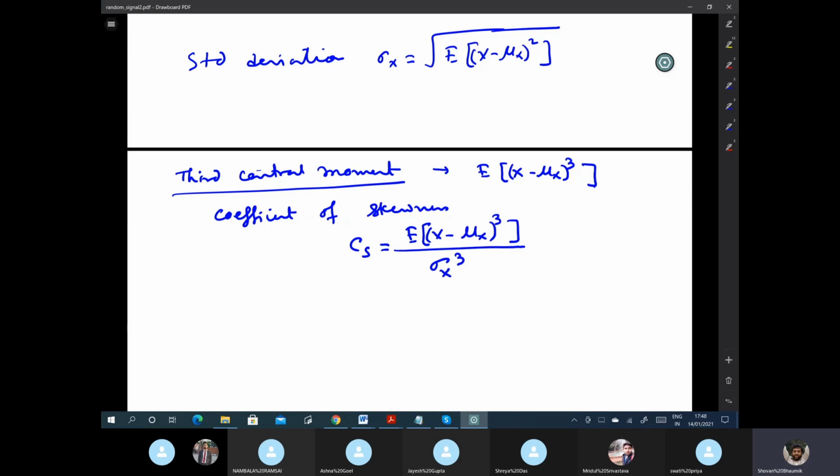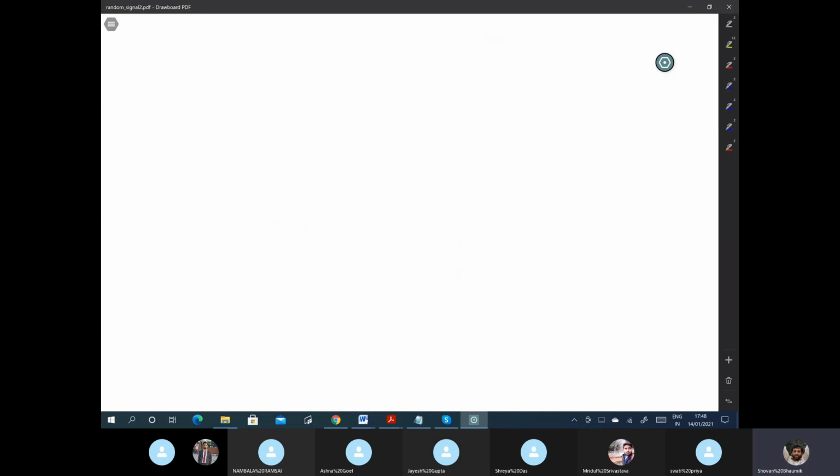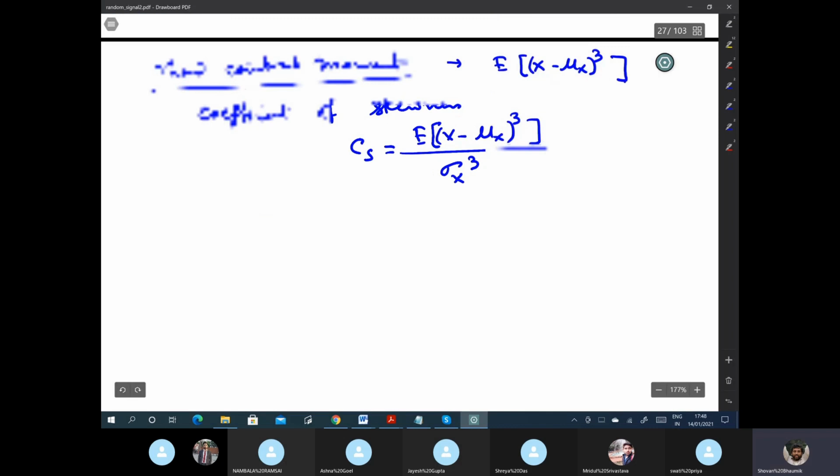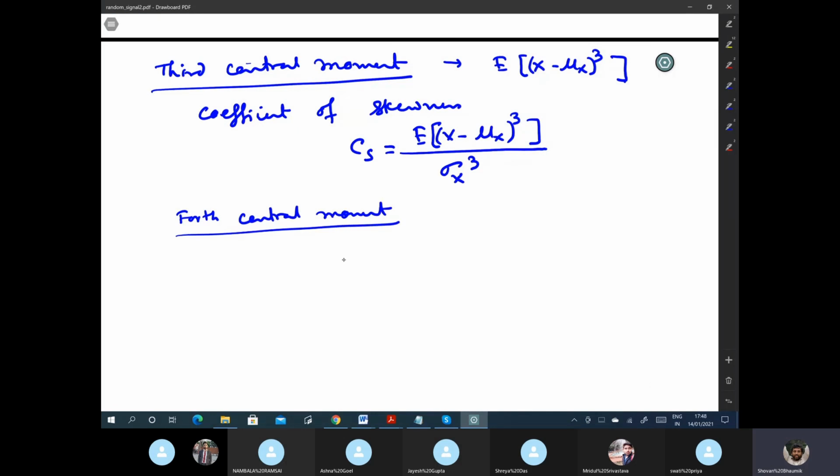There is a fourth moment that is also important. So the fourth central moment, that is E of x minus mu x to the power 4, we can relate with the kurtosis.